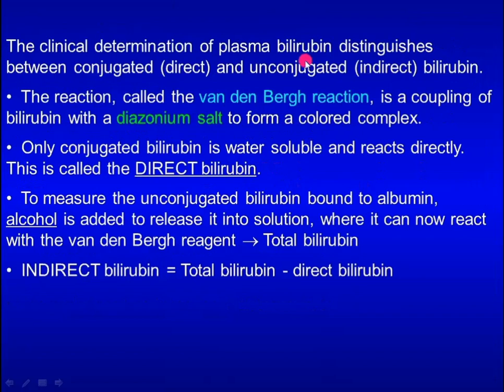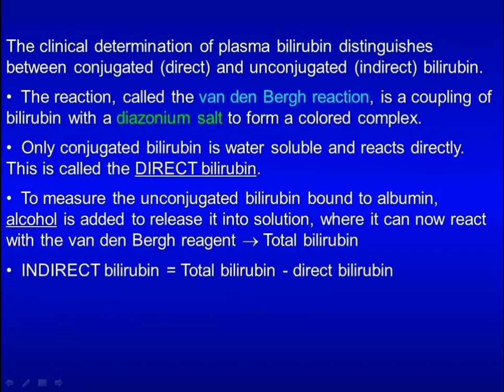Plasma bilirubin levels can be determined by using the van den Bergh reagent, diazonium salt. This chemical can react with bilirubin to form a colored complex. Only conjugated bilirubin is water-soluble and reacts directly with this reagent. This will give direct bilirubin.